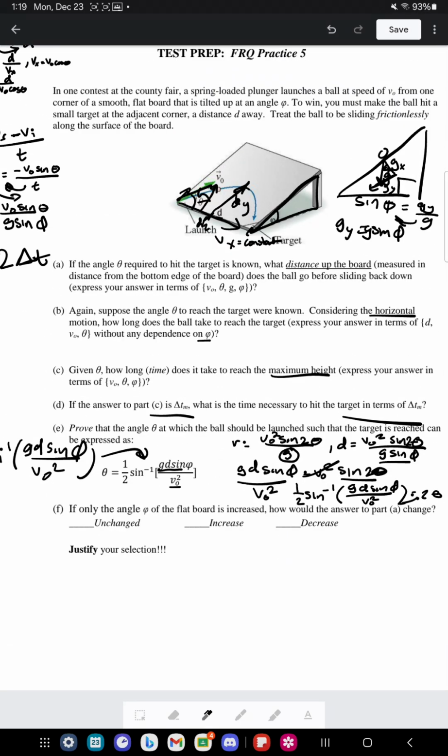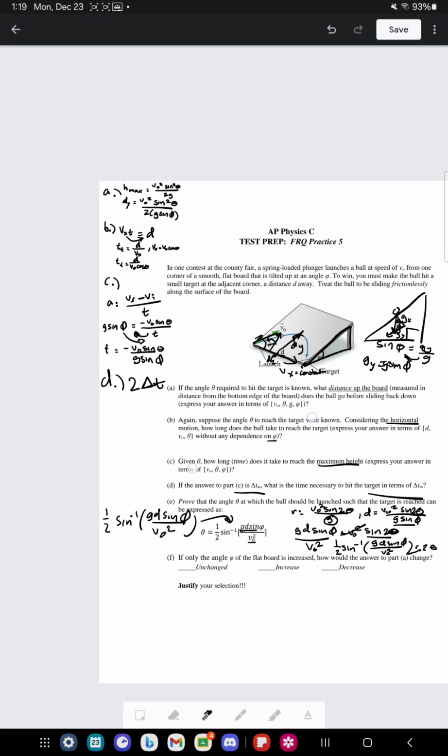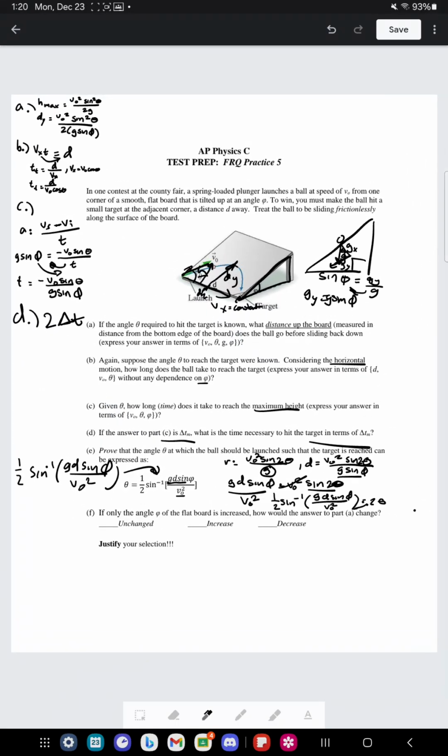If the angle is increased, how would the answer to part A change? We said that dy equals v0 squared sine squared theta over 2g sine of the second theta, and this angle is increased.